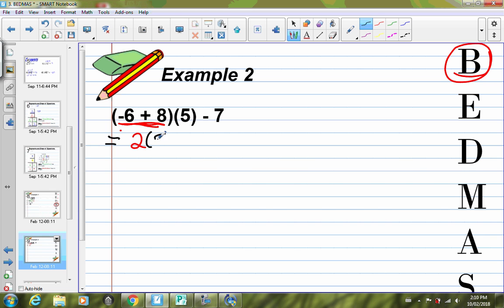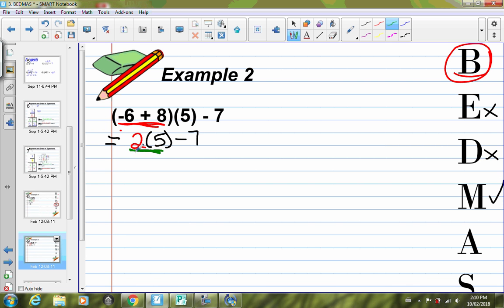Then I repeat. I still write that in brackets 5 minus 7. Okay, do I have exponents? No. Do I have division? No. Do I have multiplication? Yes. Why do I have multiplication?